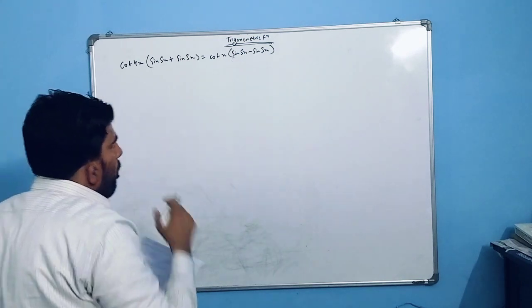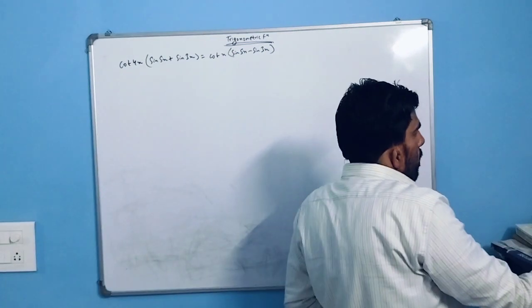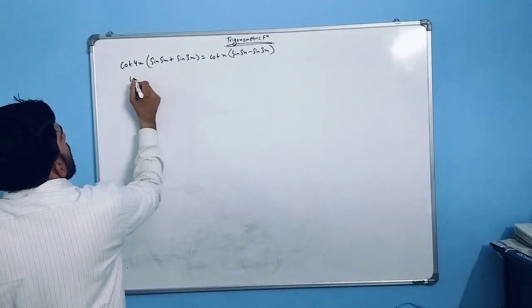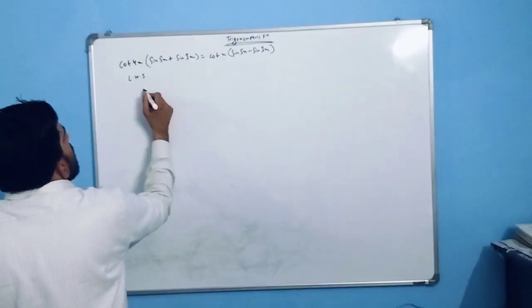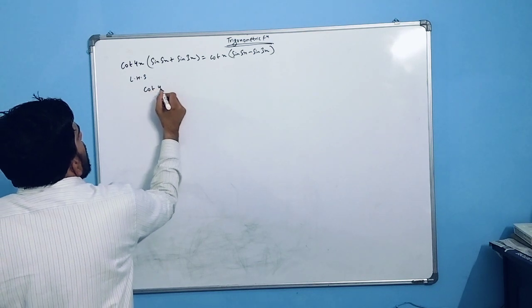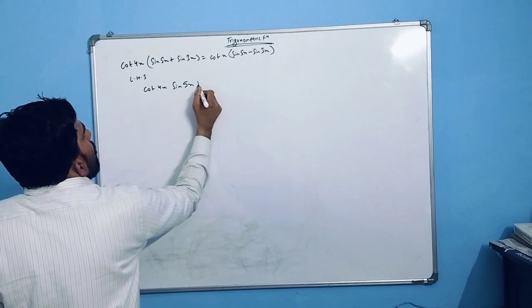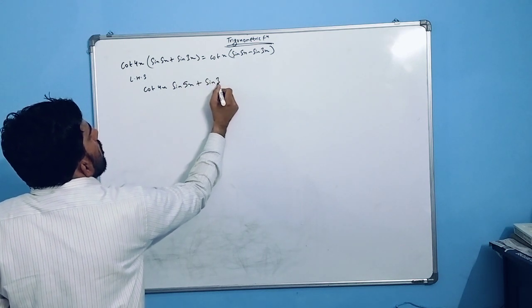Now we'll try to see which identity will be applied in that case. Let us take first LHS, that is cot 4x (sin 5x plus sin 3x).